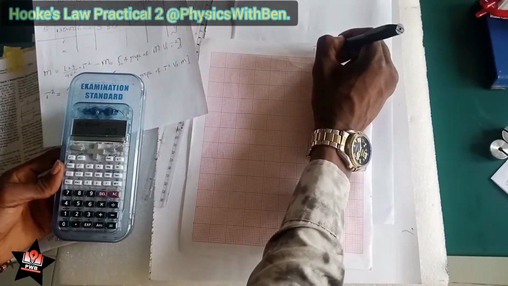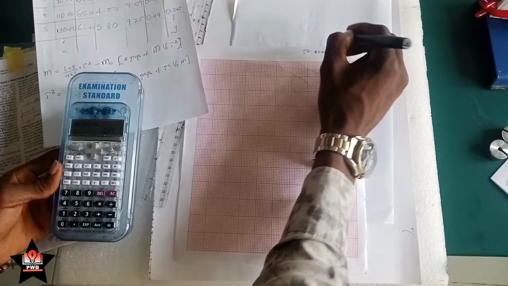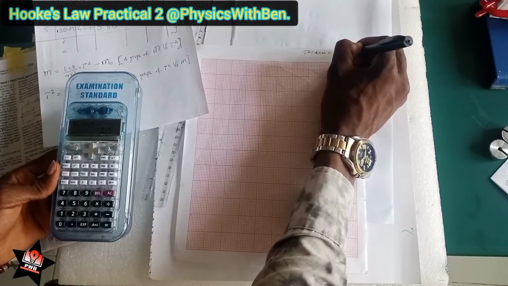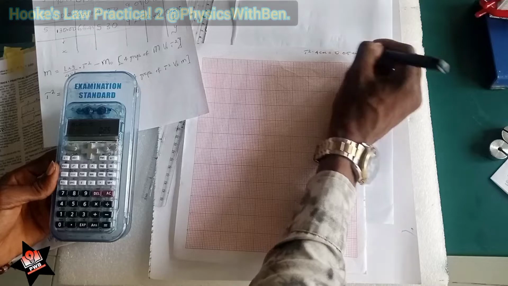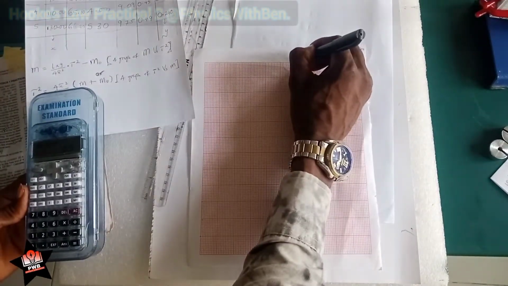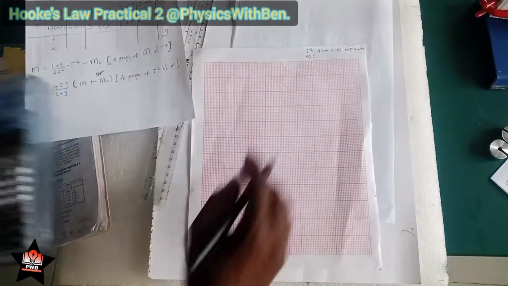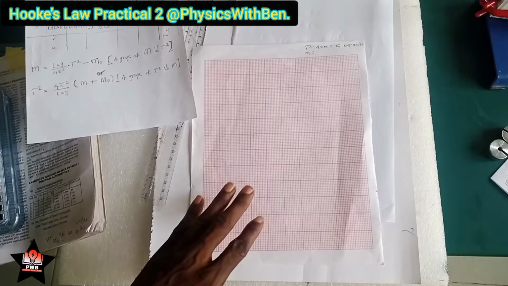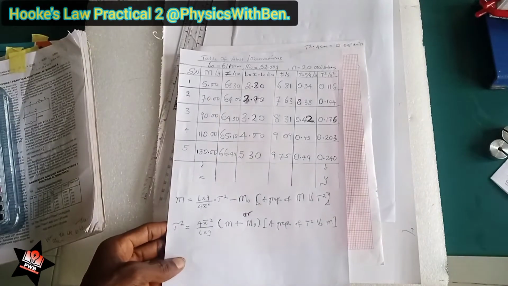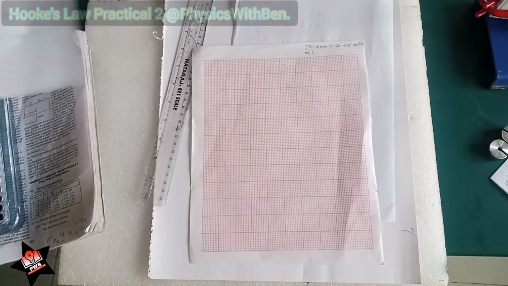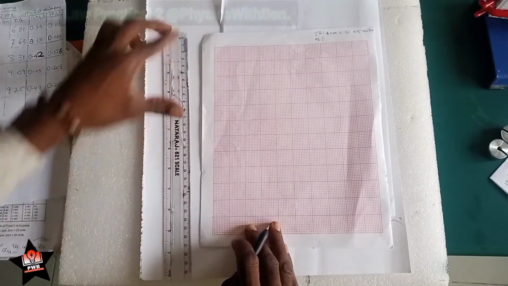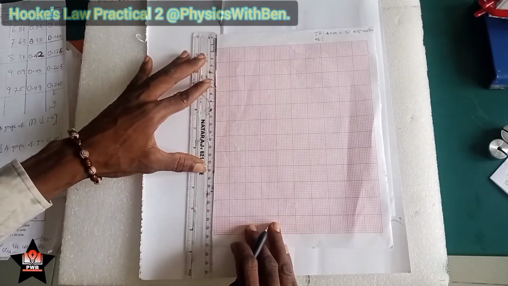So 4 cm equals 0.05 units. That is on the T squared axis. And then on the m axis, let us say that is based on these values. Good. So we are free to draw this line.